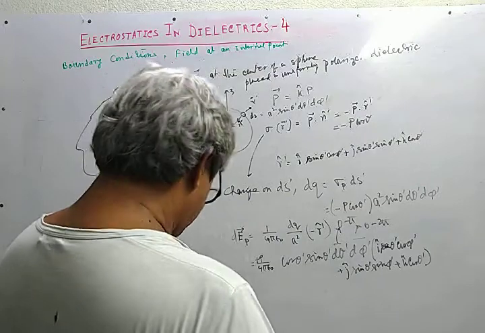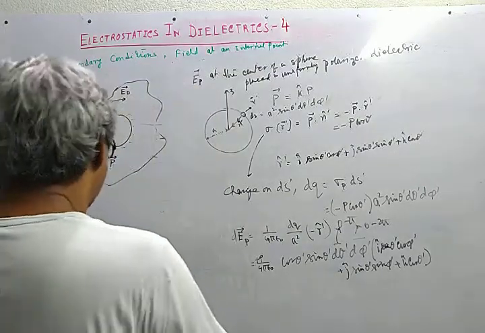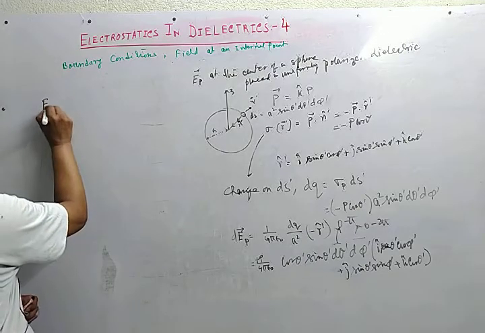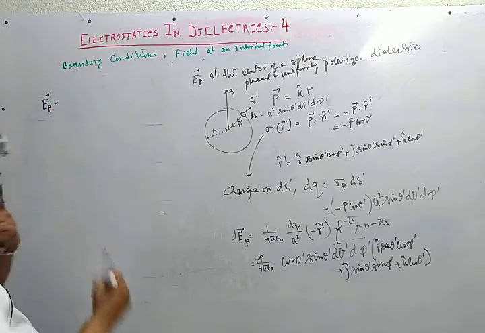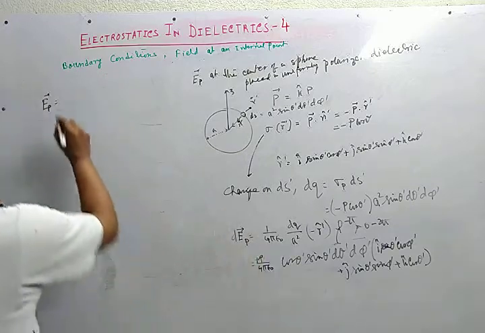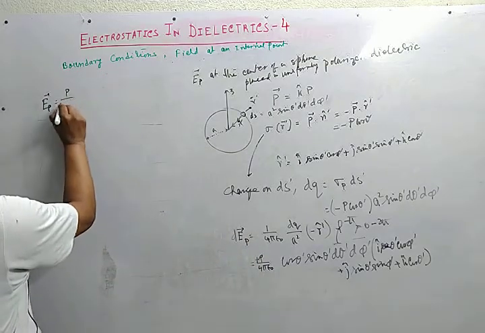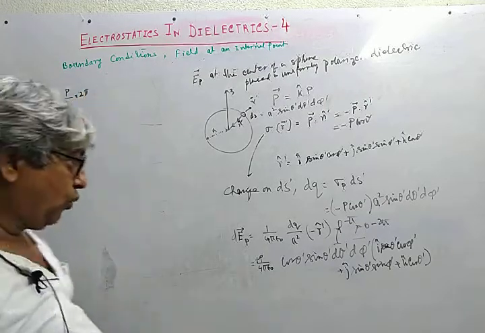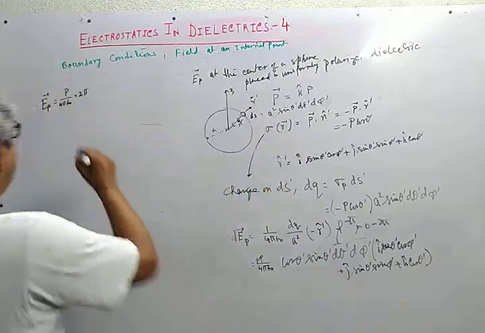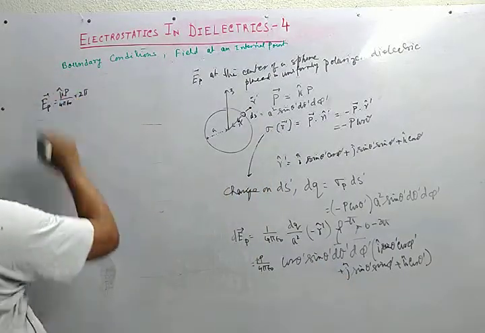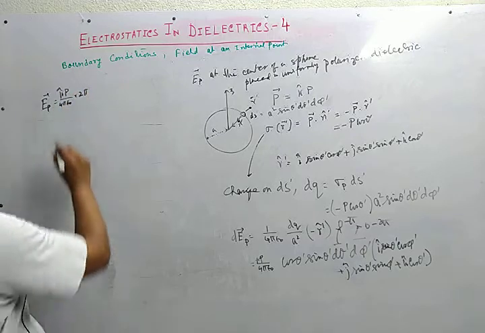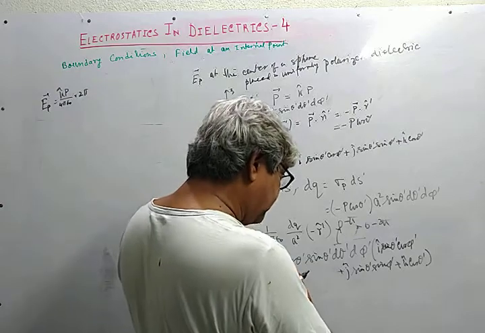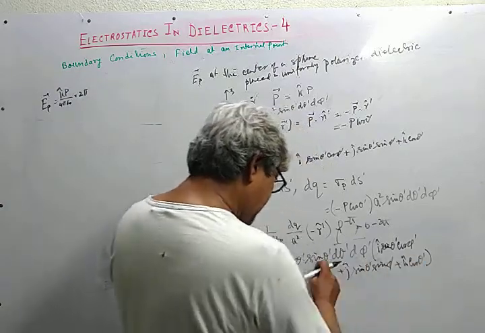So the total field at the center, E_p, will be P upon 4 pi epsilon naught, the 2 pi factor will come from this integration, and the field is along k cap.